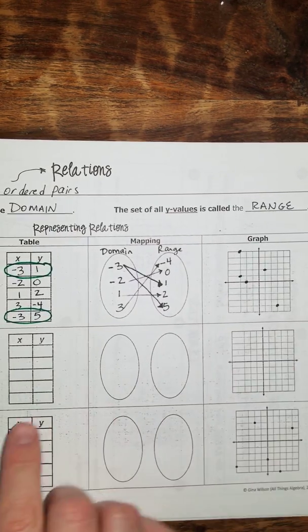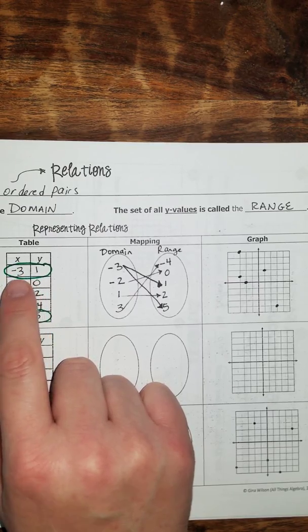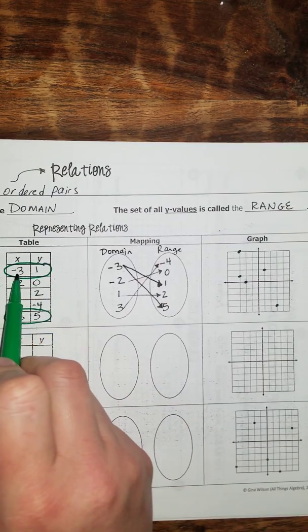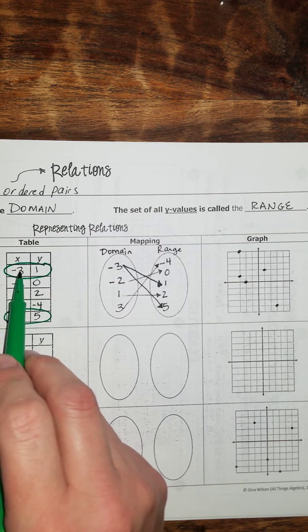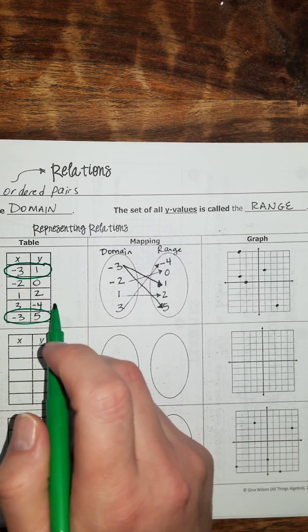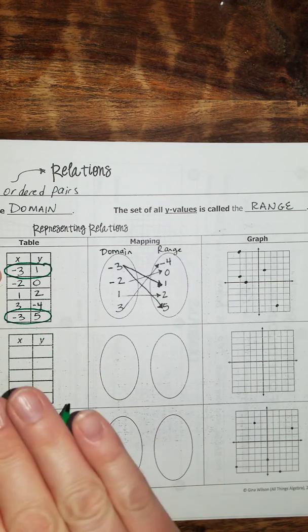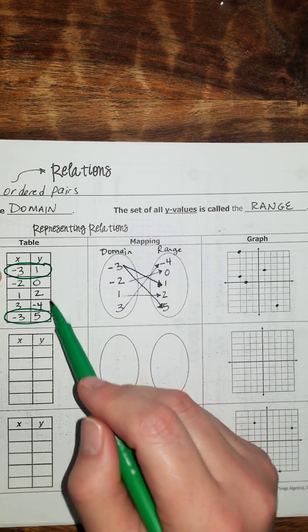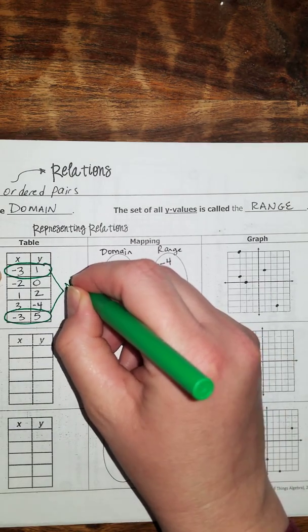I've already circled one of the issues here, and that is I have the same input, -3 and -3, but they have different outputs. If this said -3, 1 and this said -3, 1, I'd be good. But because these are 2 different outputs, this is not a function.